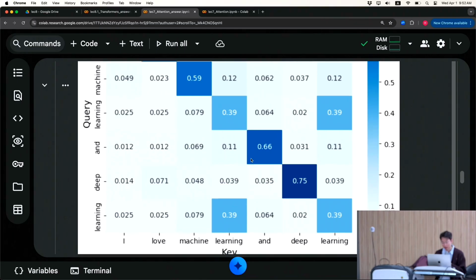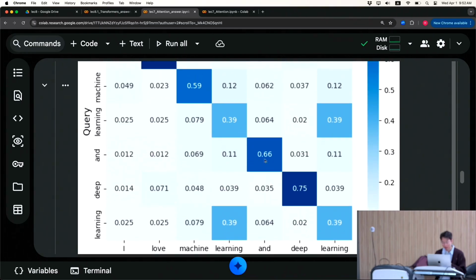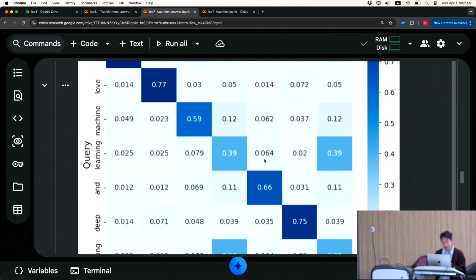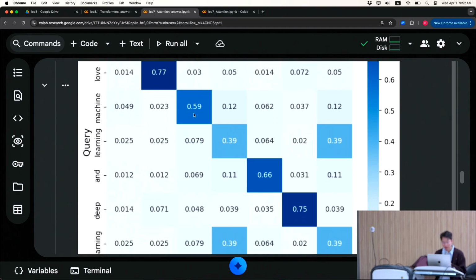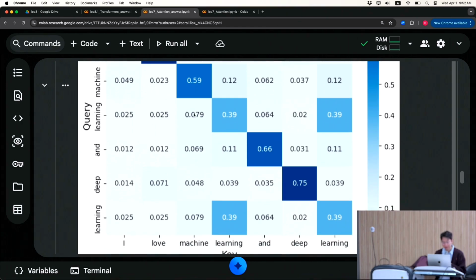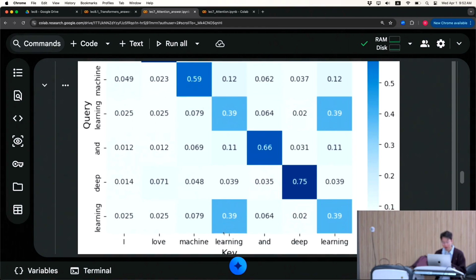And do we have any other interesting examples? Okay, how about machine? It is similar to learning, and then it is similar to love. Why is that?